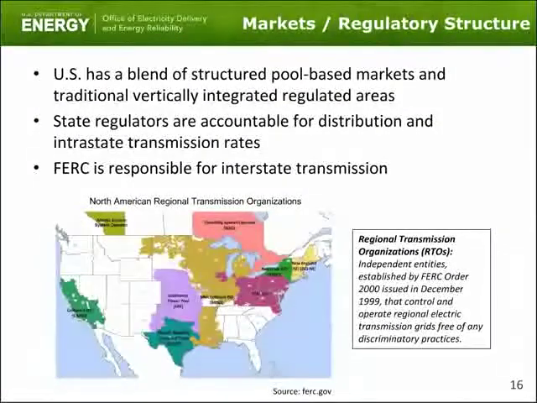The diagram on the bottom there shows the regional transmission organizations. They were entities established after FERC Order 2000 in 1999 to control and operate the transmission grids free of any discriminatory practices. One of the roles that they often play is running or monitoring the organized pool-based markets. So those are also indications of where those markets currently exist.